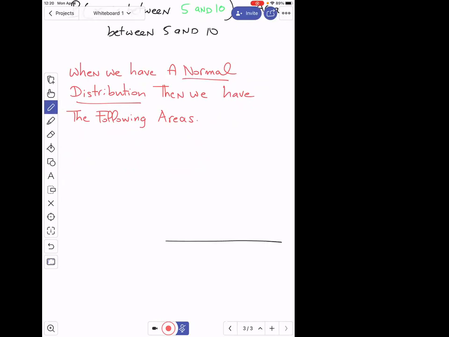So this is your x, of course, and here's your graph. Again, it's bell-shaped. Here's the center, the highest point. That's the mean, mu, right? And of course the whole graph has area 100%.